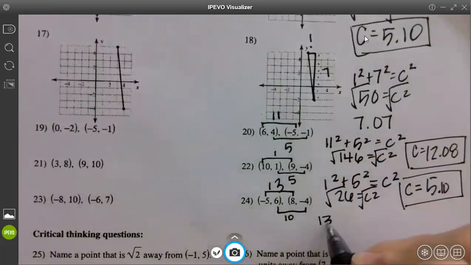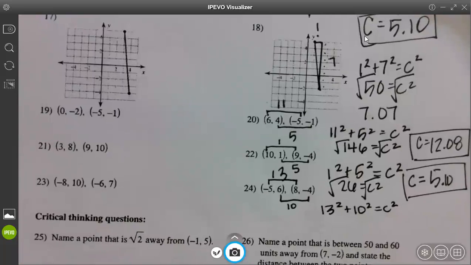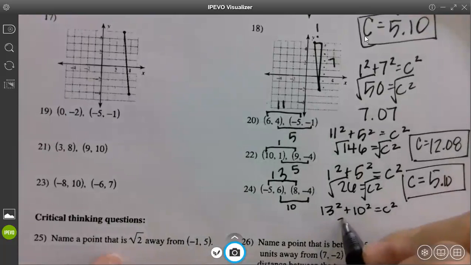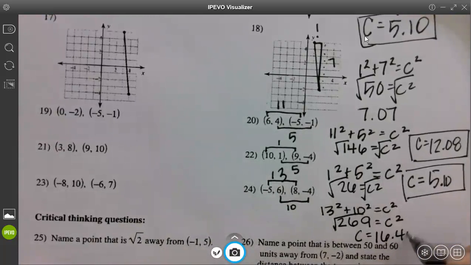We're going to do 13 squared plus 10 squared equals c squared. 13 squared plus 10 squared is, I got 2 plus 13 squared. 10 squared is 100. Yeah. That's all right. And then take the square root of 269. 16.40.